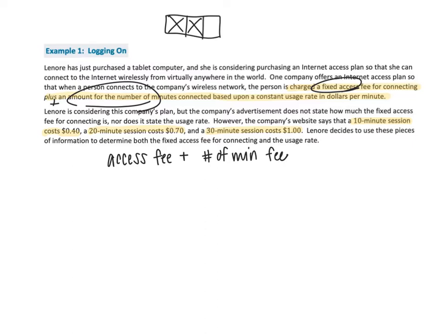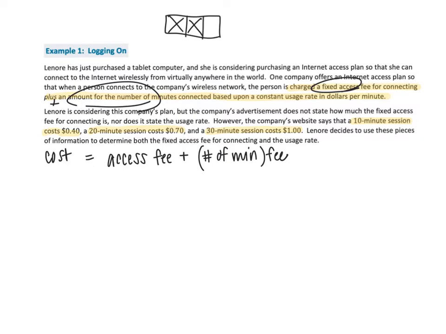Okay, so she gets a fee for every minute that she's on this plan, this wireless network. So the cost equals the access fee plus the number of minutes fee.